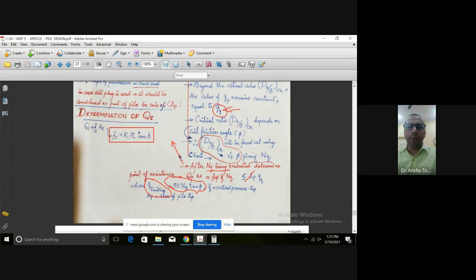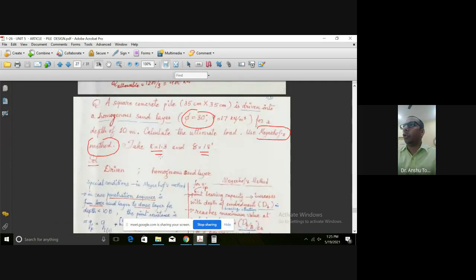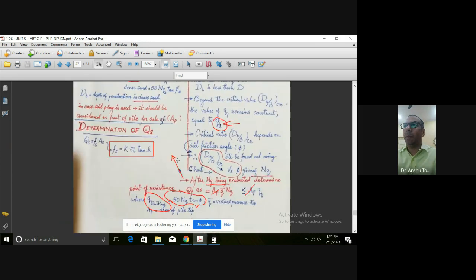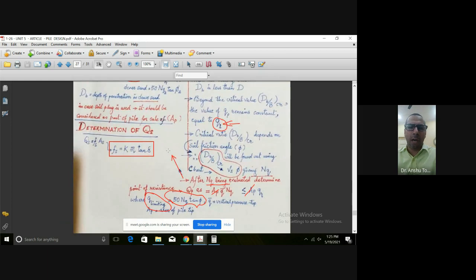K is the coefficient we know. Here it is not given. So we can use, okay, it is given K is equal to 1.3. And delta is also given as 18 degrees. So it can simply be found out. The only thing which is left to be found out is sigma V bar.